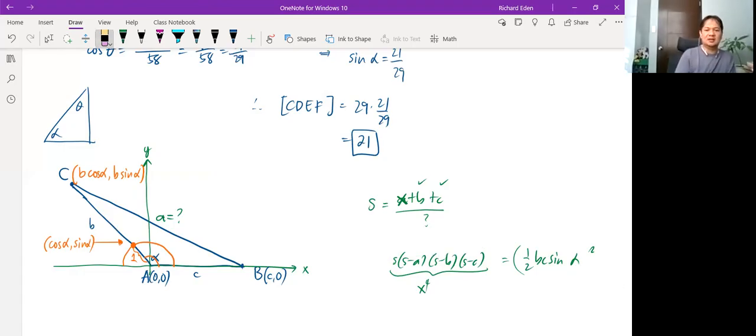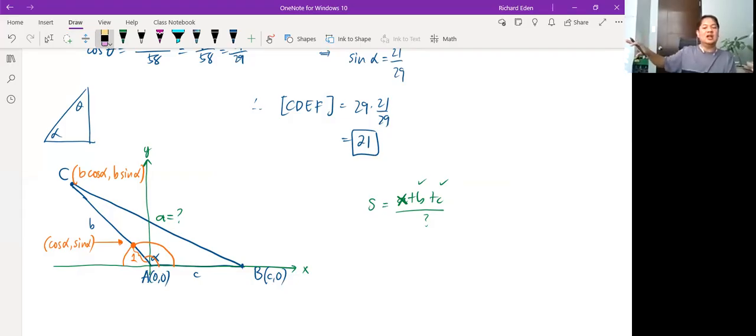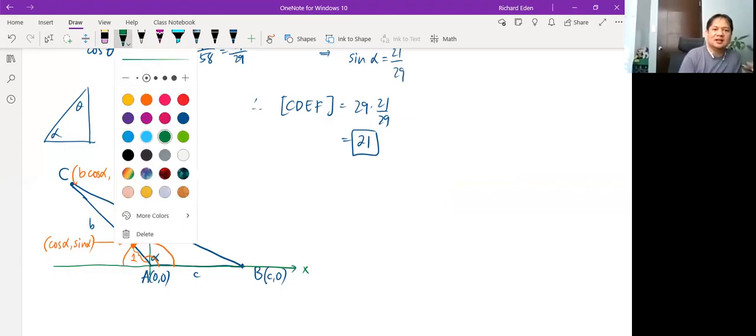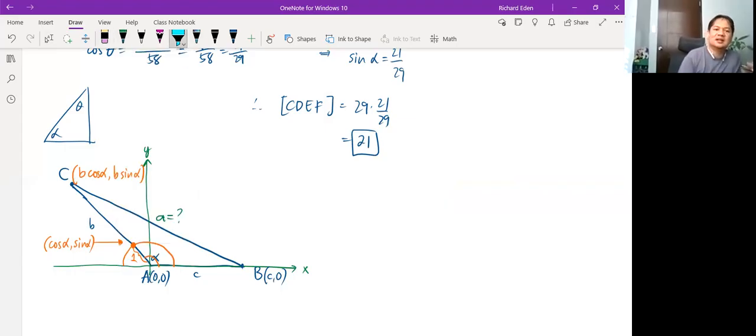Even if you're able to do that successfully, you would end up with 4 possible values of A. You have to figure out a way of arguing that these other three are extraneous. But technically, yes, it is possible.